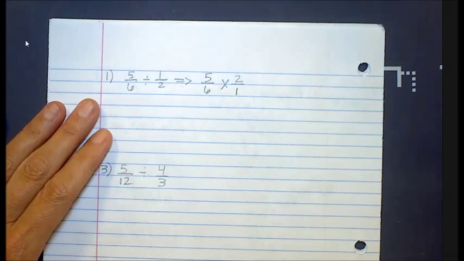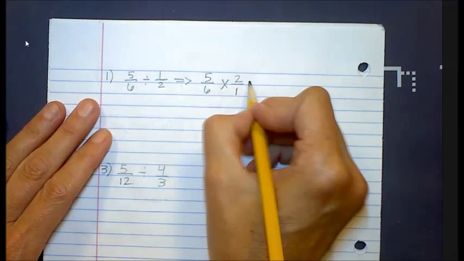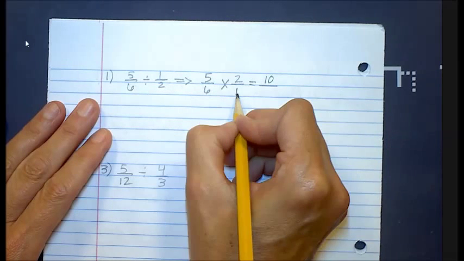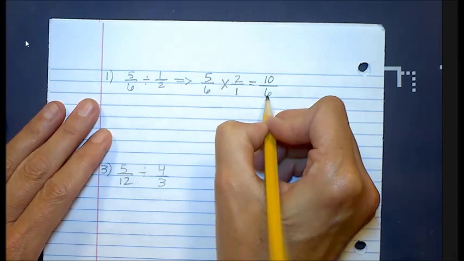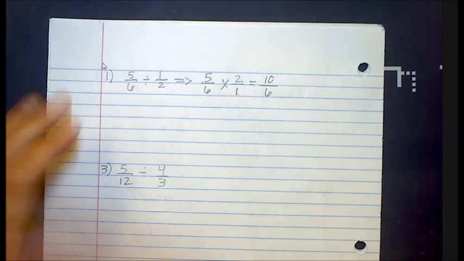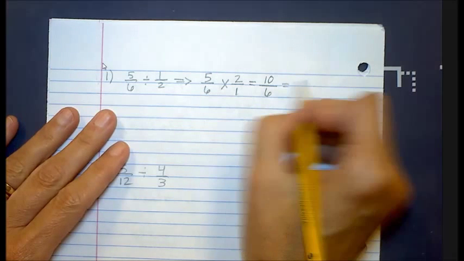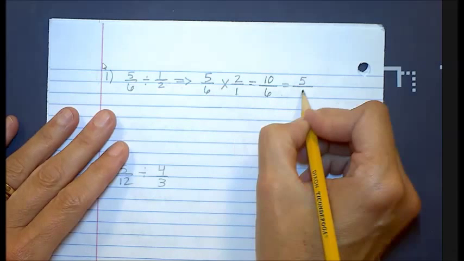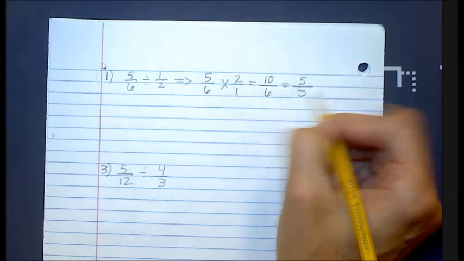Now it becomes that multiplication problem. 5 times 2 is 10 on the top, divided by 6 times 1 on the bottom, which is 6. Need to put this in lowest terms. Looks like 2 can go into each one of them. 10 divided by 2 is 5. 6 divided by 2 is 3.